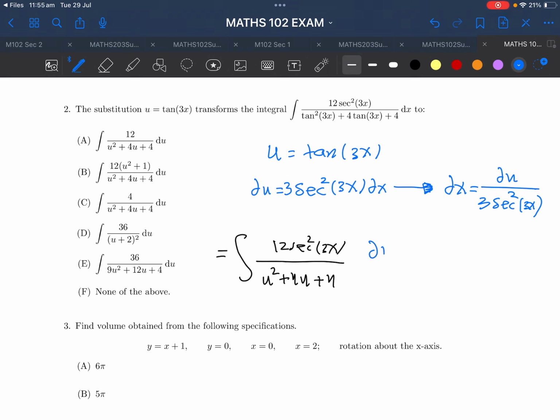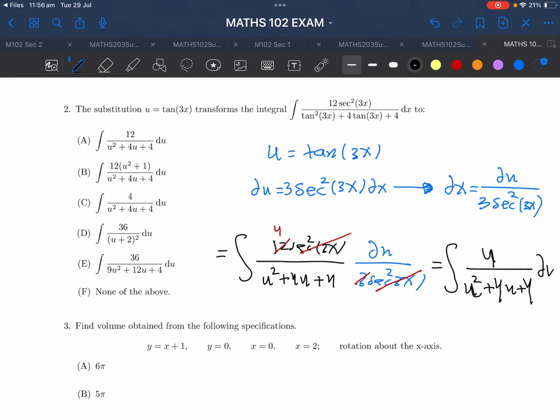Now the dx is just du over 3 secant squared 3x. Now there is cancellation. The 3 and 12 give me only 4. So the final answer will be 4 in the top. This is 4 and this is u. Now which answer is similar to this one? There is only one answer that starts with 4, which is C.